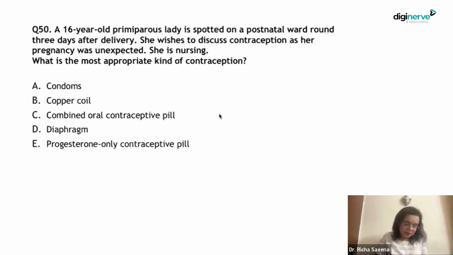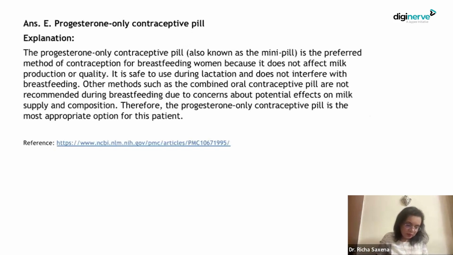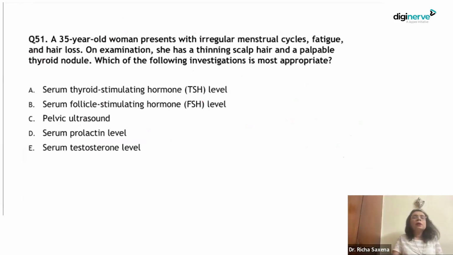Okay. So let's come to the next question. A 35-year-old woman presents with irregular menstrual cycles, fatigue, and hair loss. On examination, she has thinning scalp hair and a palpable thyroid nodule. Which of the following investigations in these cases would be most appropriate?